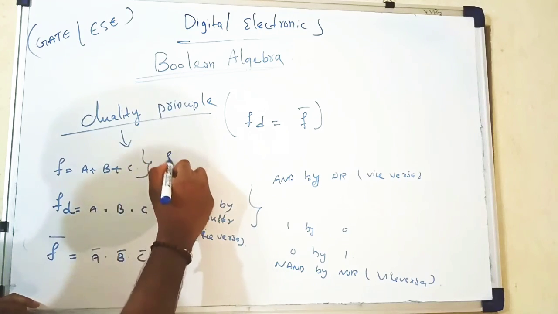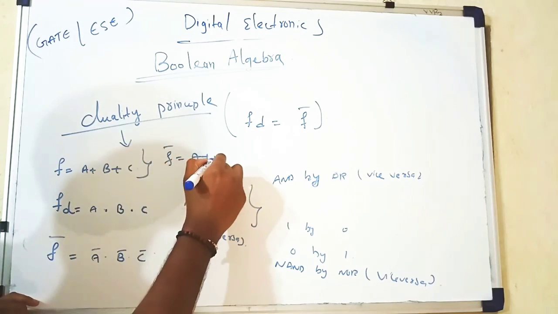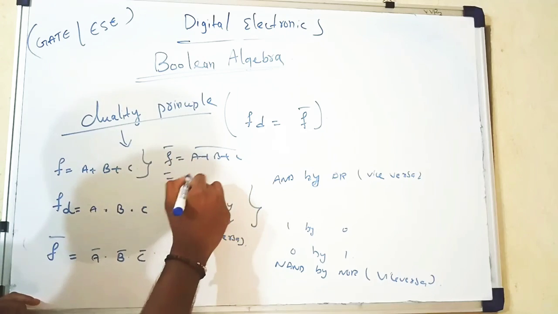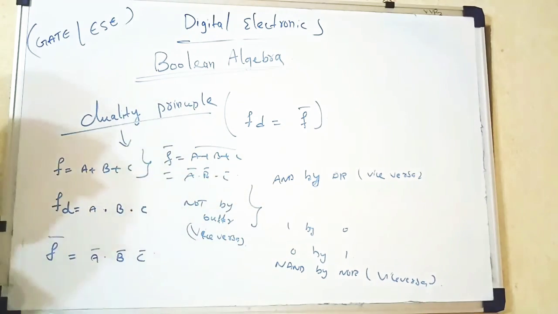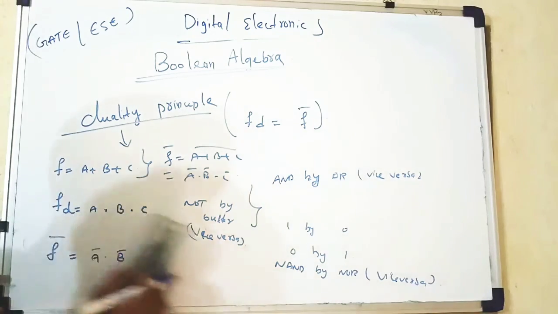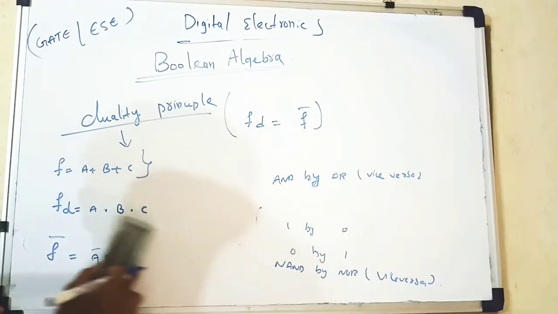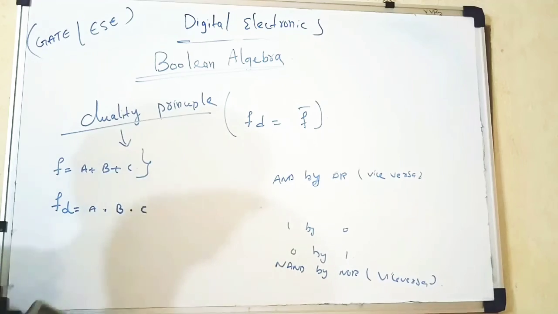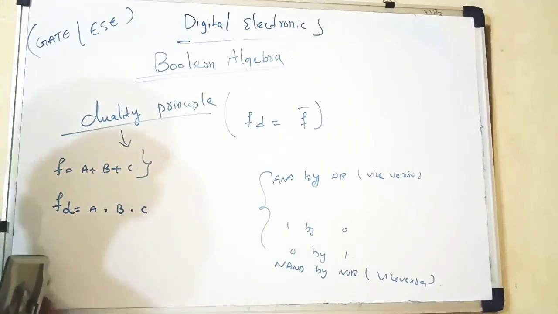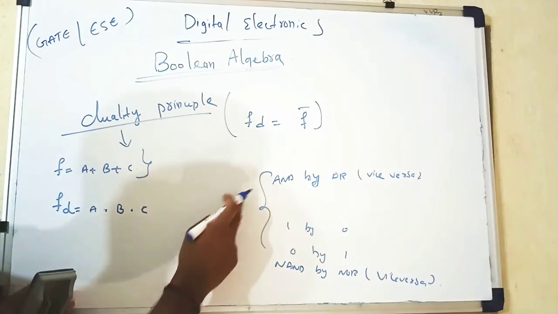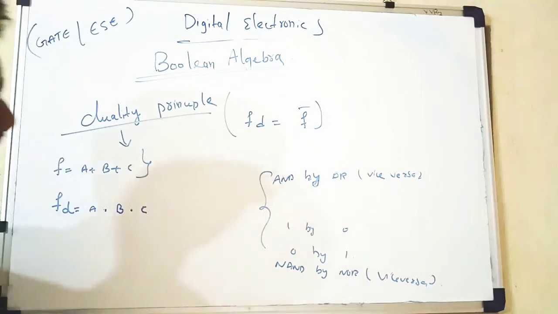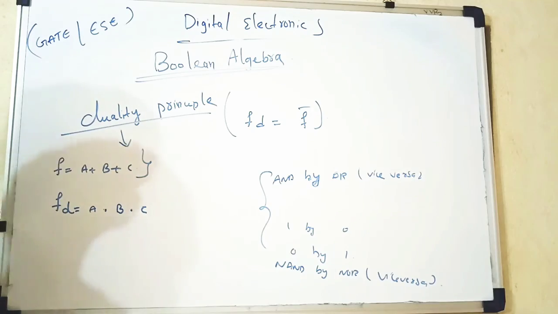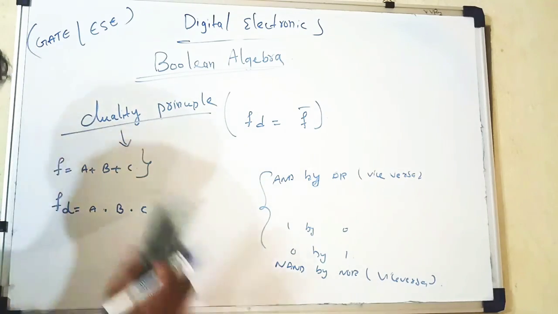We can check this another way. F bar equal to (A + B bar + C) whole bar. This is De Morgan's law. This can be written as the same result, hence both are verified. For only the dual, these steps are required. If you want to find the complement, we need another step, which is the buffer by NOT or NOT by buffer. This is about the duality principle.